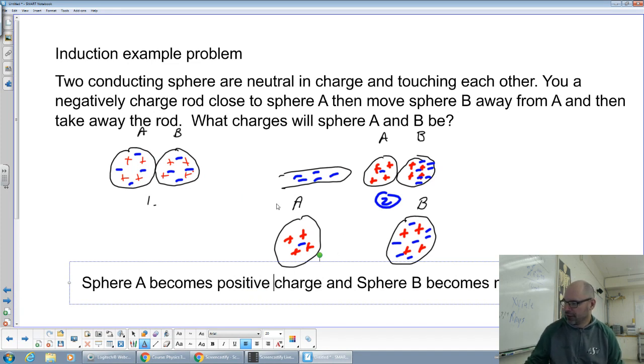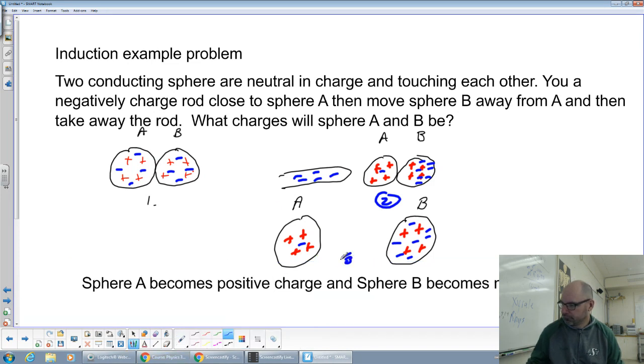So that's step 3 here. That's a typical example of an induction problem.